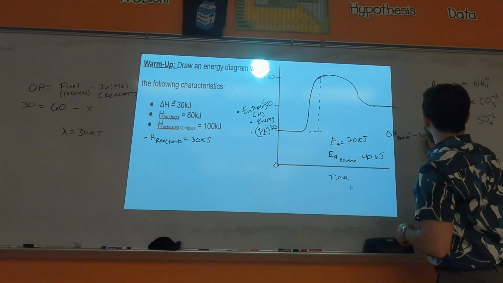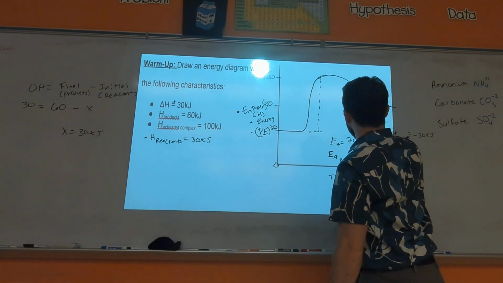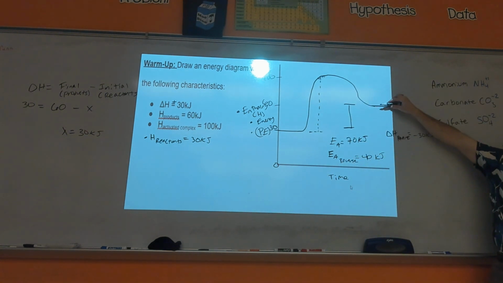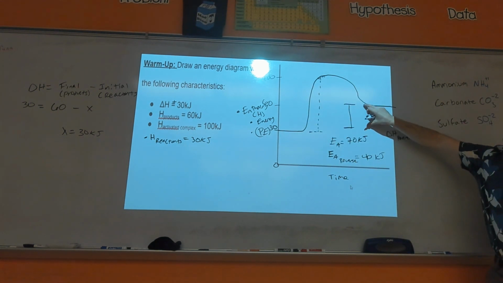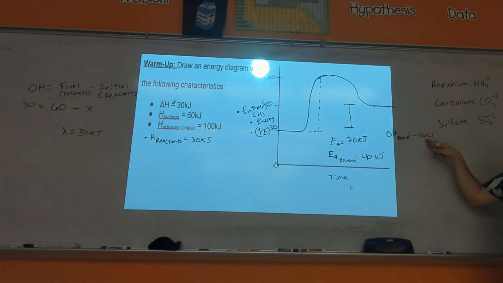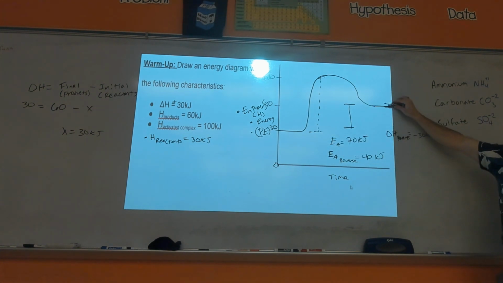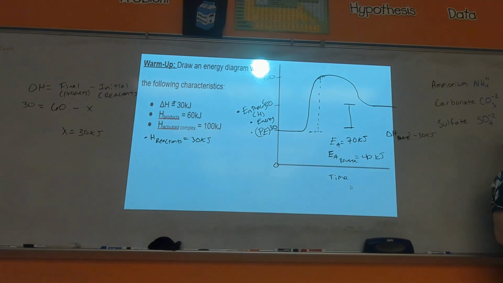So on the delta H, you're reversing the sign, because delta H is the difference between the enthalpy of the products and the enthalpy of the reactants. No matter if I go here to there or there to there, I still have the same magnitude. The number 30 will stay the same, but depending on if I go down or up will be the sign. If you start higher and you end lower, that's when you're negative.